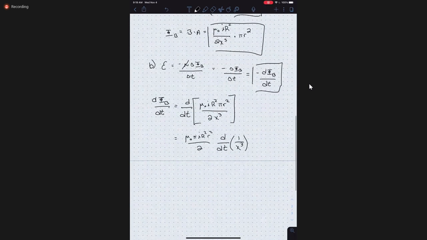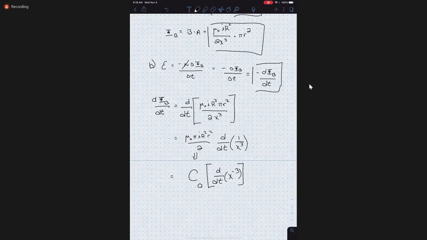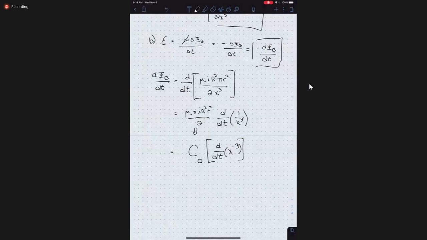Now, I'm just going to call this some constant c naught, because I don't want to keep writing that. From calculus, d over dt of 1 over x cubed is equal to d over dt of x to the minus 3. I'm just rewriting it in a different notation.